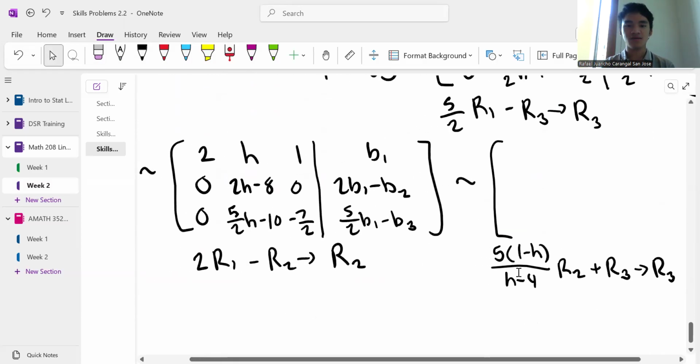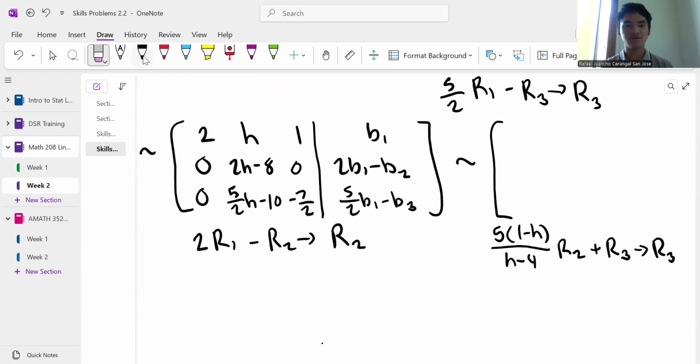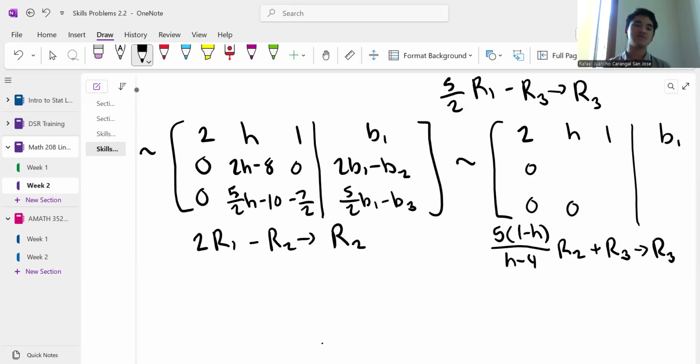Okay, and from there, nothing to bother with row 1. Let's keep it as it is. This is 0, this is 0, this is 0. Right? Because this gives me 10 minus 5 half H. Add it.